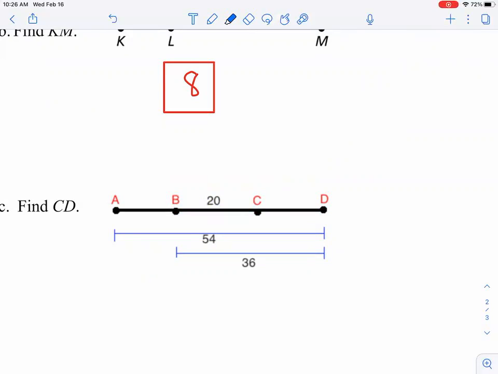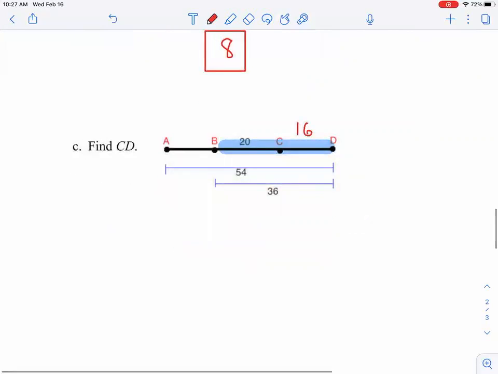So if from B to D is 36, and I know that BC is 20, that means CD would have to be 16, because 20 plus 16, those two pieces, are going to equal 36. So the length of CD is going to be 16.